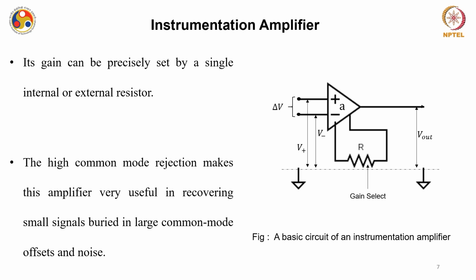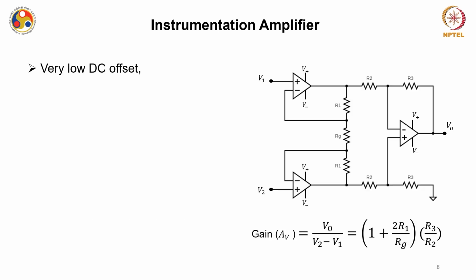The high CMRR of this amplifier is very useful in recovering small signals which are basically buried in the large common mode offsets and noises. This amplifier has various advantages we will see in the discussion, but it exists in various configurations.